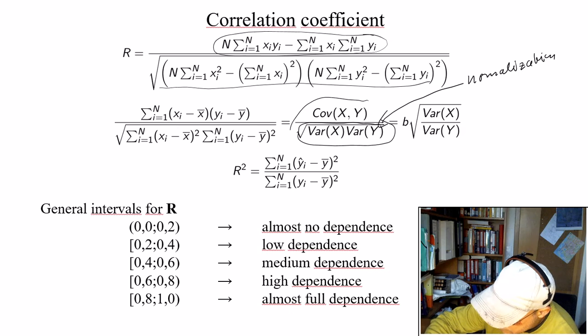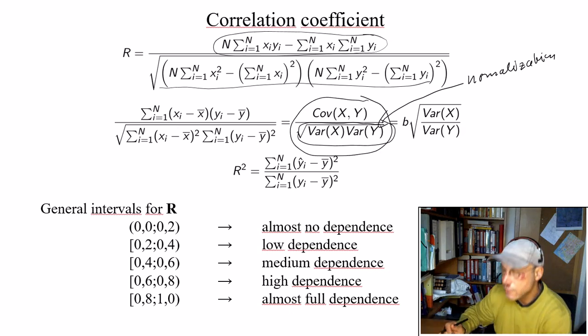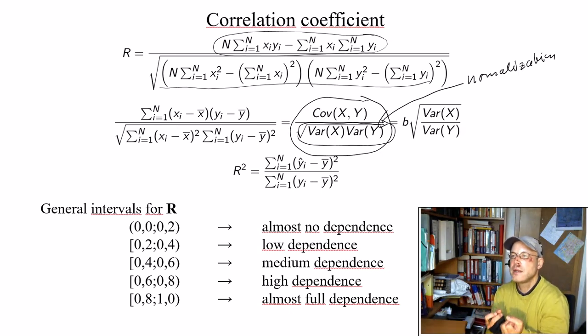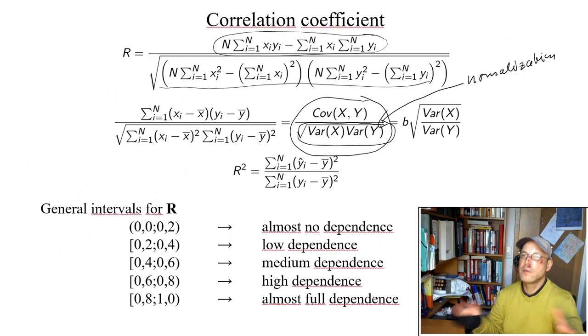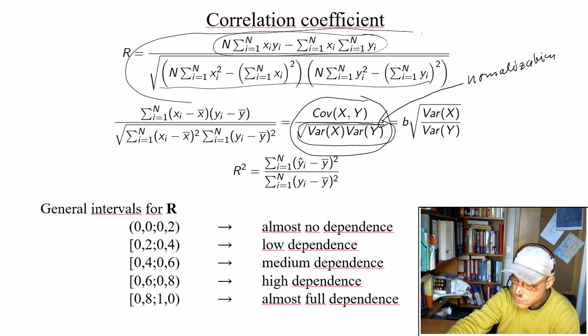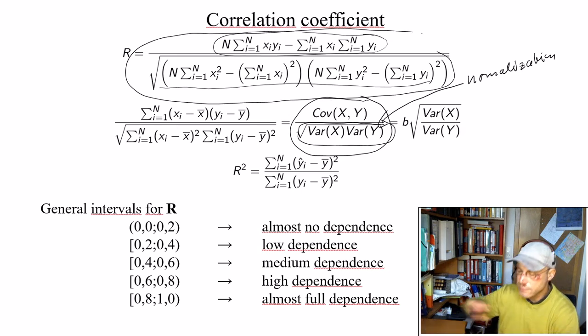And if you keep this in mind and put in the definitions of covariance and variance which we had here, then of course we can directly compute this correlation coefficient from our data set. And here we also have this huge formula.